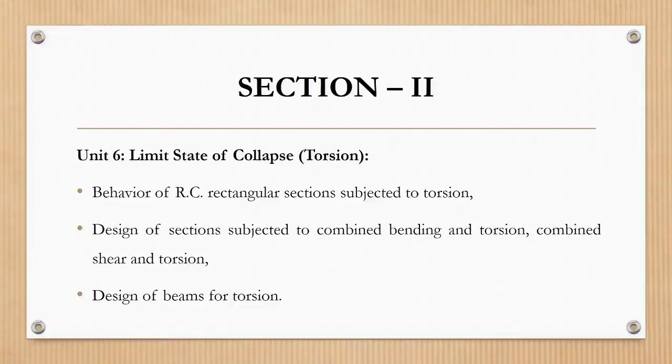Different IS specifications have been provided in IS 456. By using those specifications, we are going to deal with the design of such sections. Then finally we are going to discuss the design of beams for torsion.